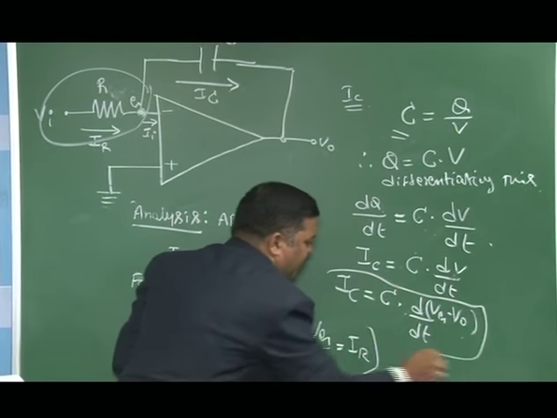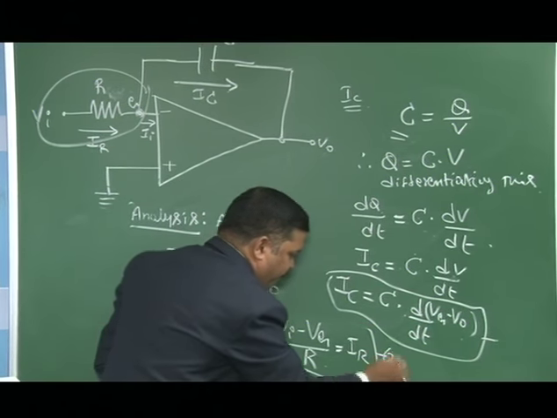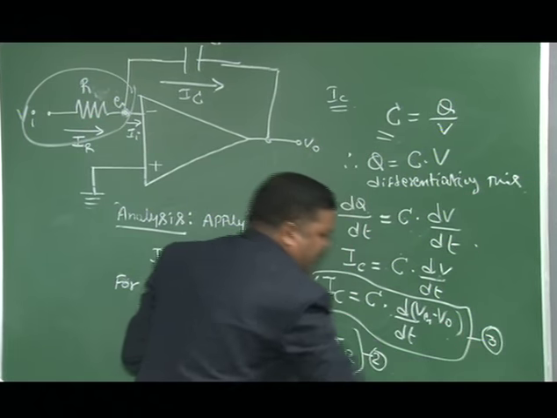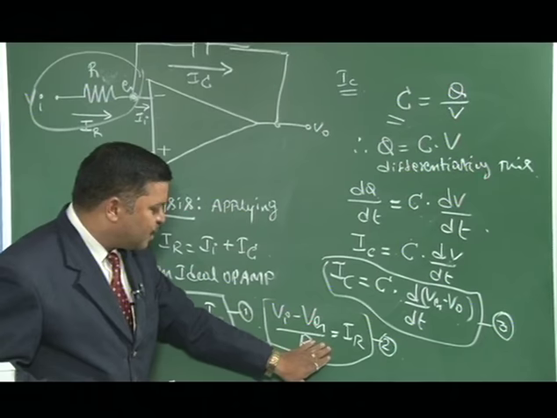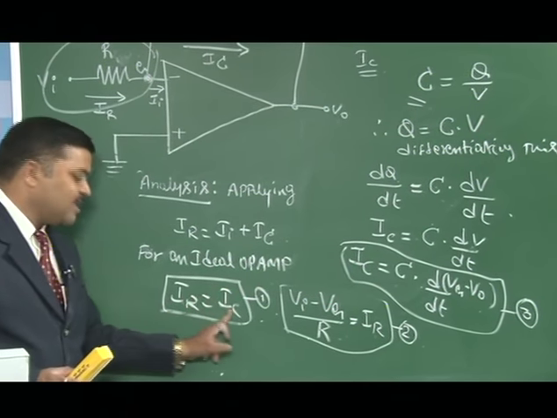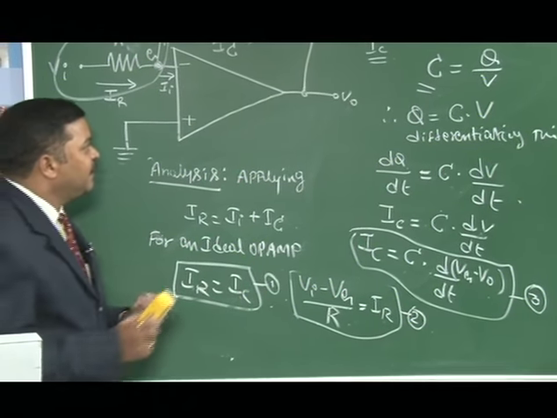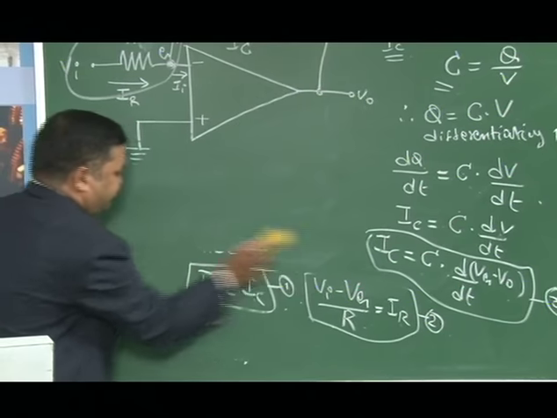So, let me call the first equation 1, this is 2, and let me call this equation 3. Let us substitute equation 2 and equation 3 in place of IR and IC in equation 1. Let me rub this off and write here.